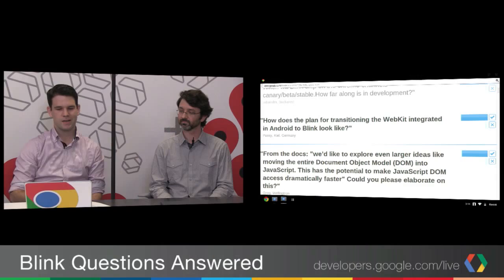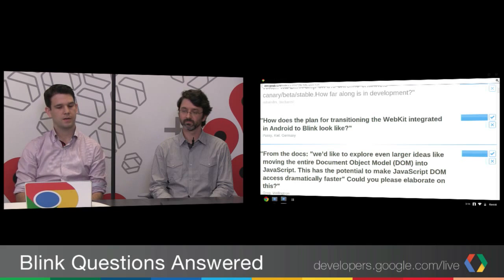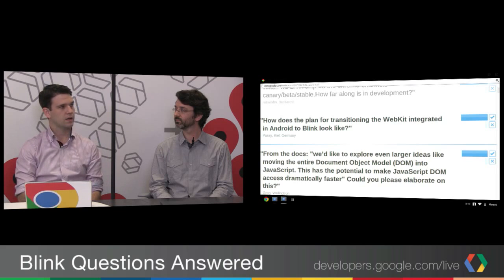OK, we'll move forward. What is the plan for transitioning the Webkit integrated in Android to Blink? What's the story for Chrome on Android and the stock Android browser? I think the story is very similar to the previous question. Chrome, going forward, will be using Blink instead of Webkit.